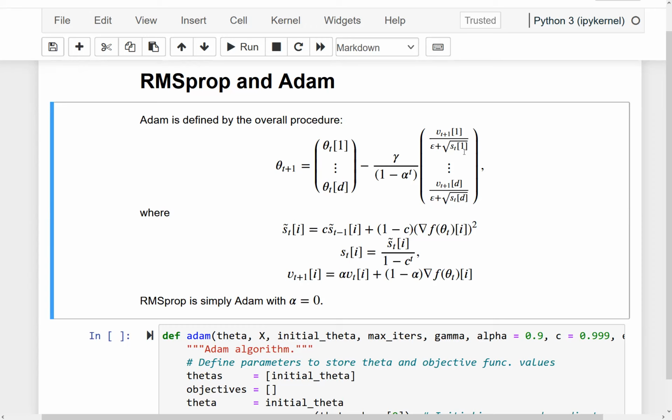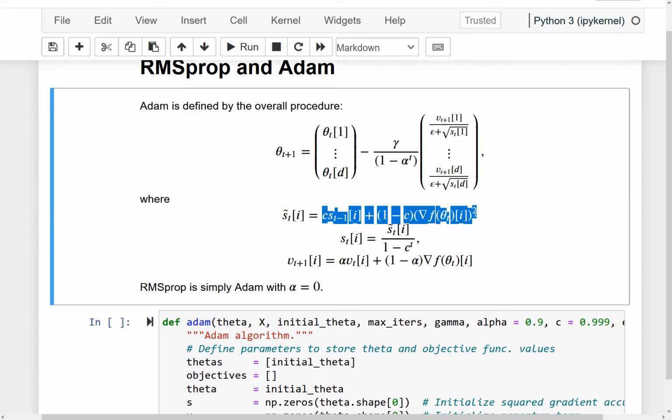The difference of RMSprop and Adam from Adagrad is in this vector s_t you have here. So it's almost the same: an exponentially decaying average of the past squared gradients.